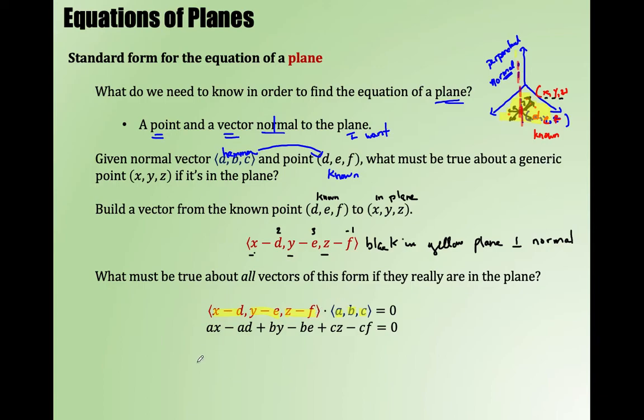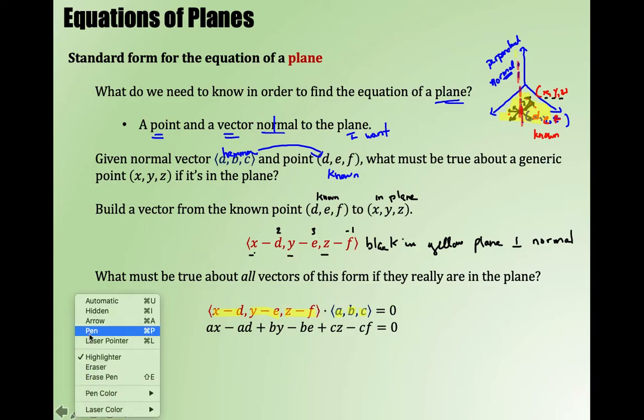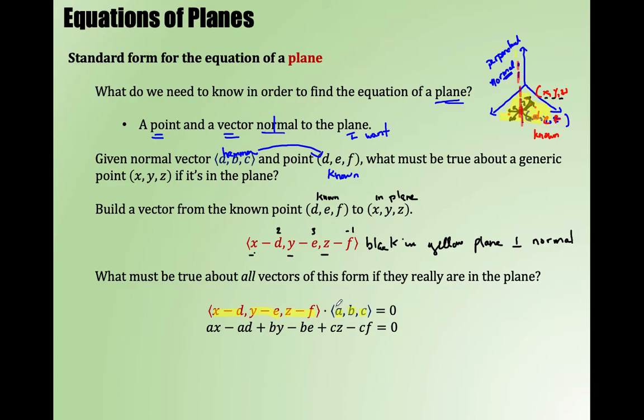So a times (x minus d), plus b times (y minus e), plus c times (z minus f).